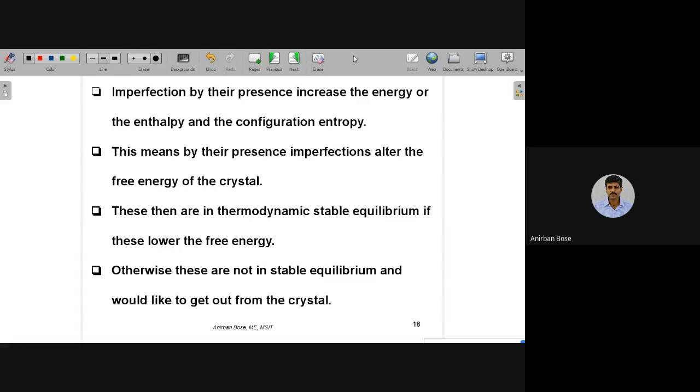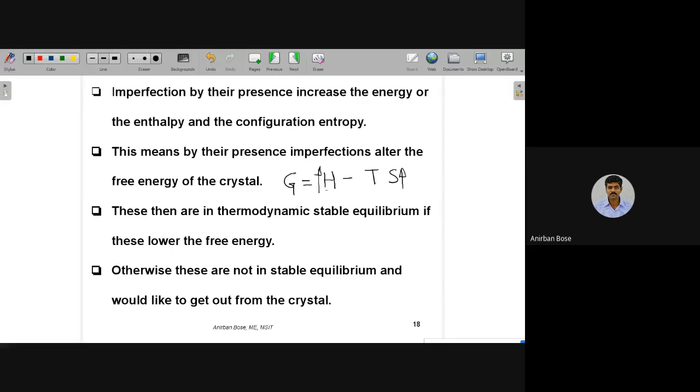Next, the second point: by their presence, imperfections alter the free energy of the crystal. If you remember the definition of the Gibbs free energy, it is basically the enthalpy minus T times S. So the free energy expression is this, and by now you have understood that if imperfections are there, then H will increase and configuration entropy will also increase, because configuration entropy is a part of the total entropy.